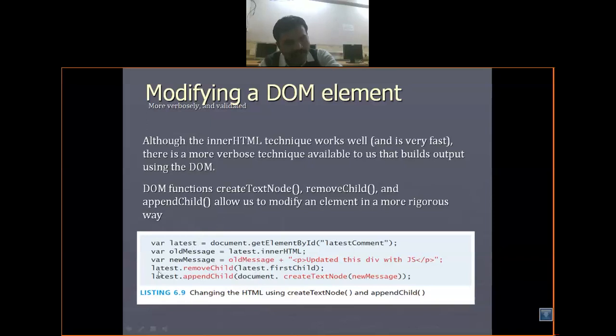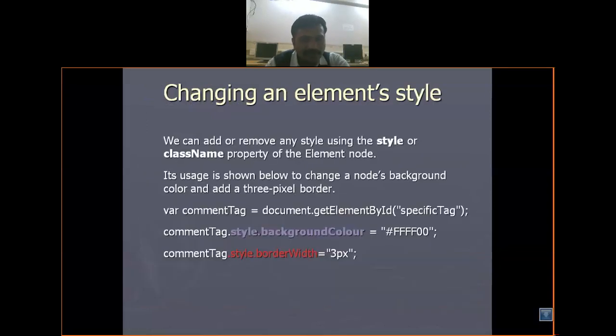Suppose I want to remove something; at that time I use removeChild and appendChild. So this is the way we can create a text node and append a child. So latest is nothing but this is the latest. Then I write removeChild. So when I append something or remove it, that is what is used.